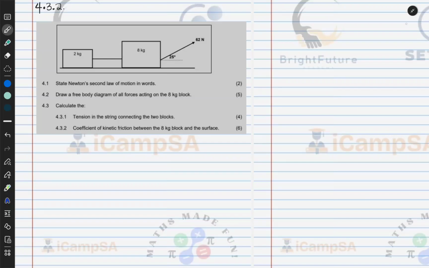Okay, so where do we start? We start by solving for the normal force, right? Remember, the kinetic friction and the static friction are dependent on the normal force. So we try to find the normal force. And for us to find the normal force, we take the sum of forces in the vertical direction.